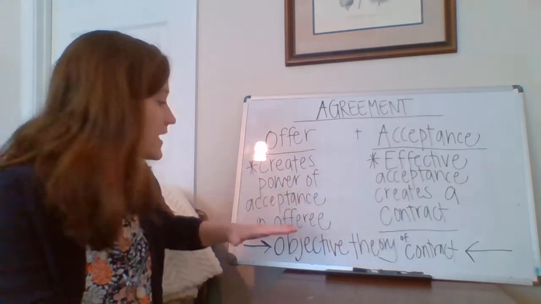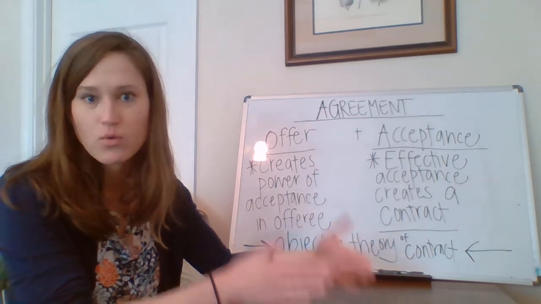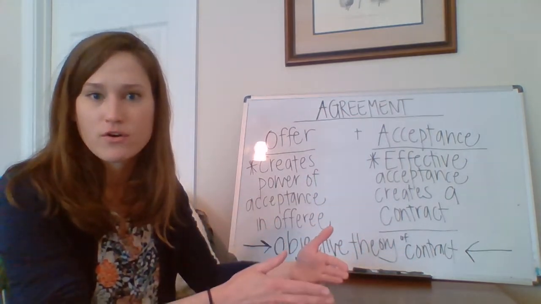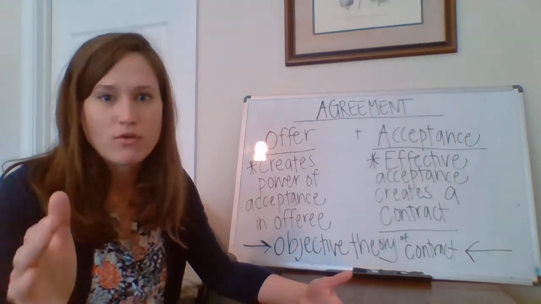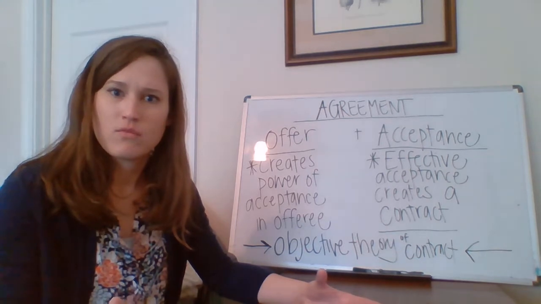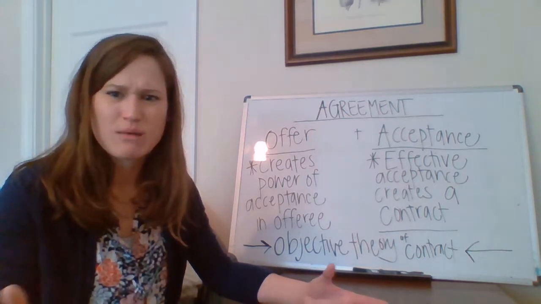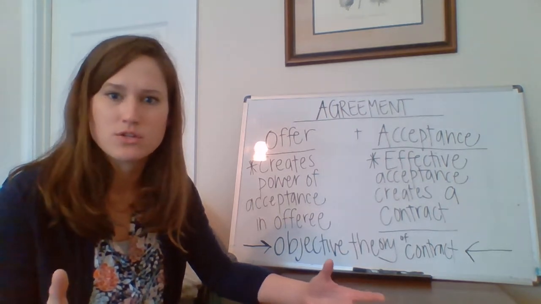So again, that's another way to explain the reason why my first example could not be a legal offer. If I say to you, hey, I'd really love to buy your house, and you say, yes, I accept. Right? My reaction is going to be, you accept what? Like that doesn't make any sense. That seems a little bit weird. That seems a little bit off.